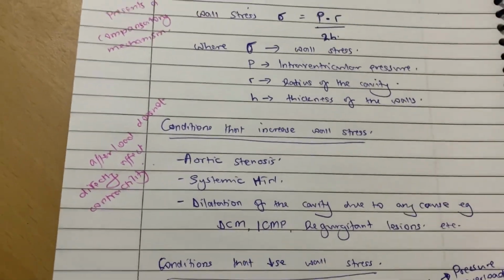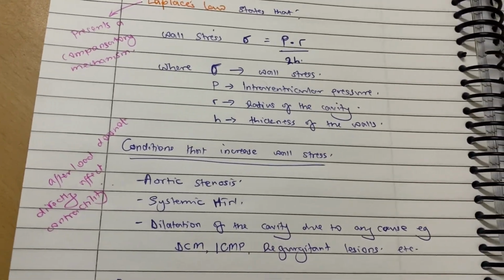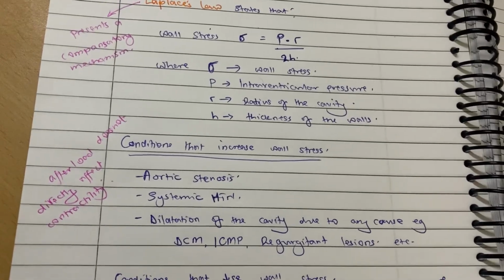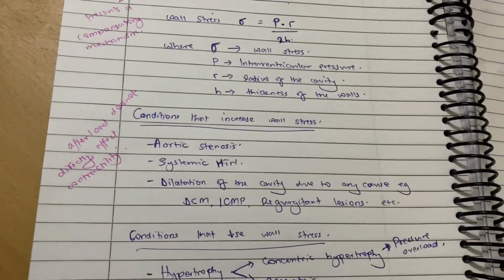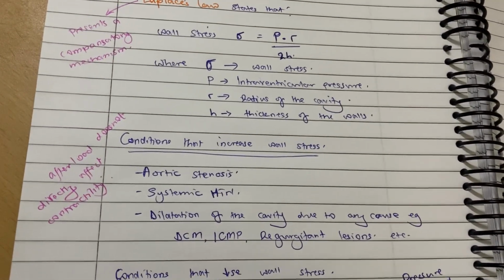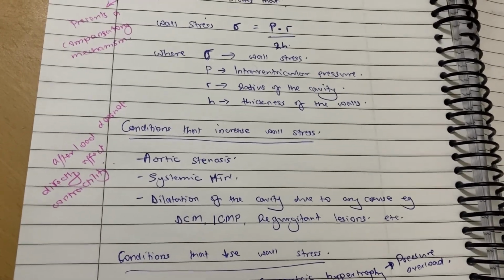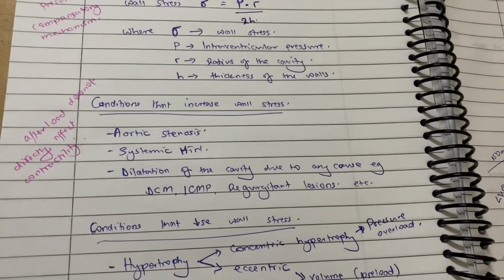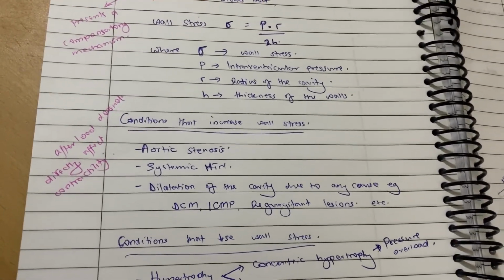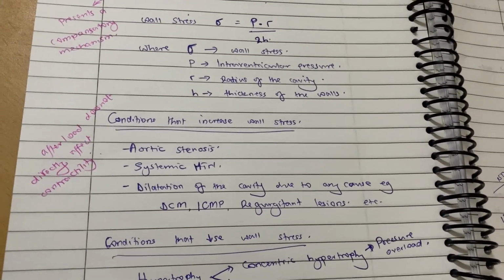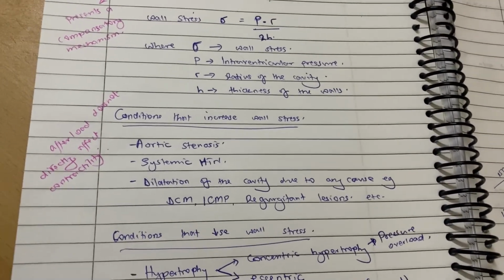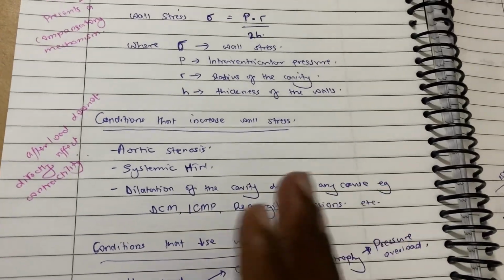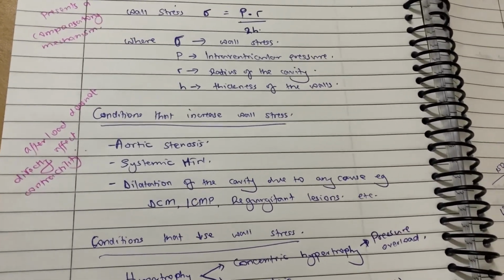No, it doesn't, but it determines the force generation, or the force required for ejection to happen. For example, in aortic stenosis, the force that the LV needs to generate before opening the valve is so high that a normal size LV cannot handle it.